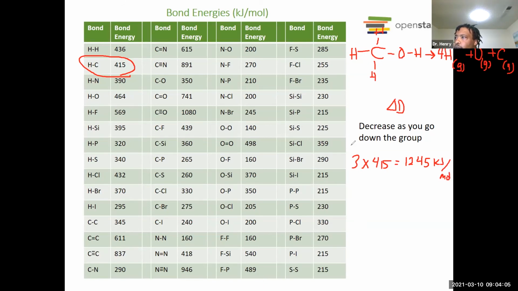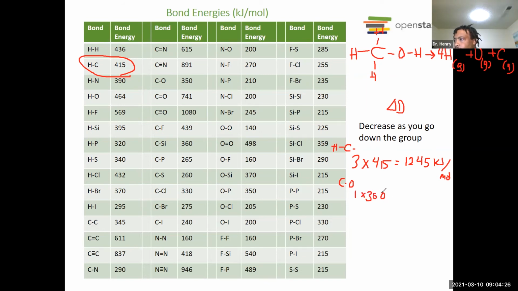And that's for carbon and hydrogen, or hydrogen and carbon. Okay, what about the carbon and the oxygen? So that'd be 350, right? Because it's only one. So we have 1 times 350.